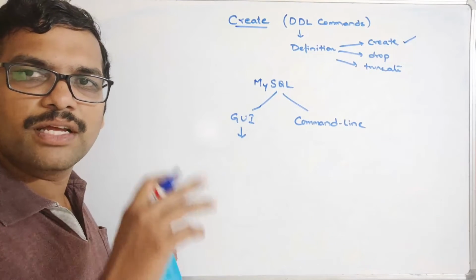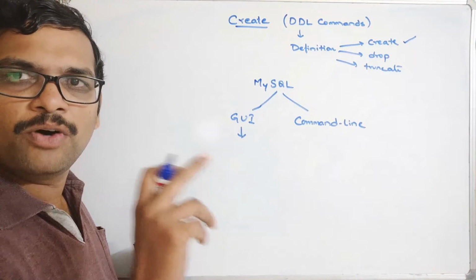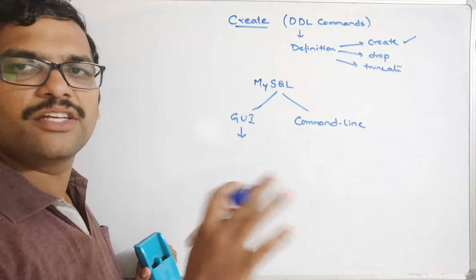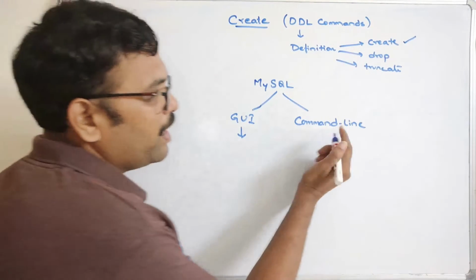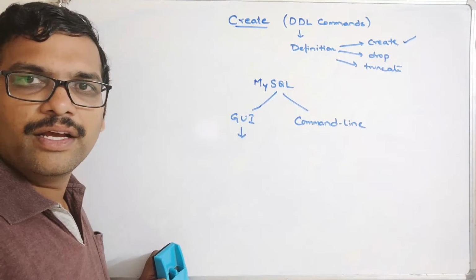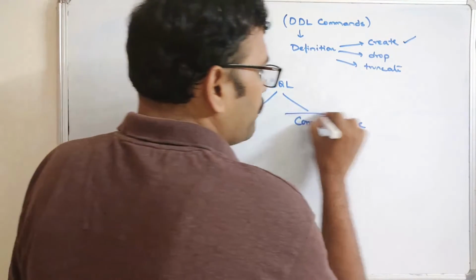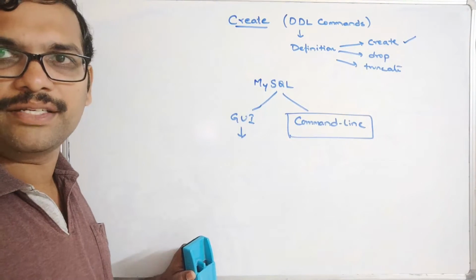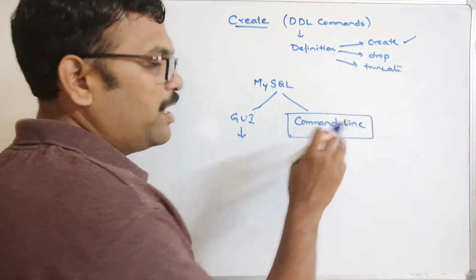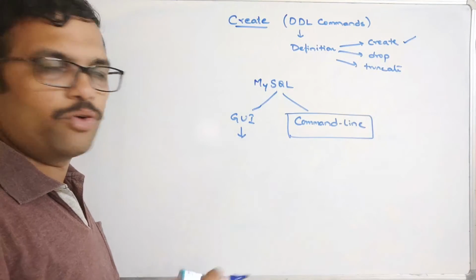You can simply use mouse selections and mouse moves to execute the queries, and the query will be automatically generated. But in the command line you have to write down the query. We will use the command line because we have to practice the SQL commands by writing the queries. I will show everything in the system, don't worry about that.